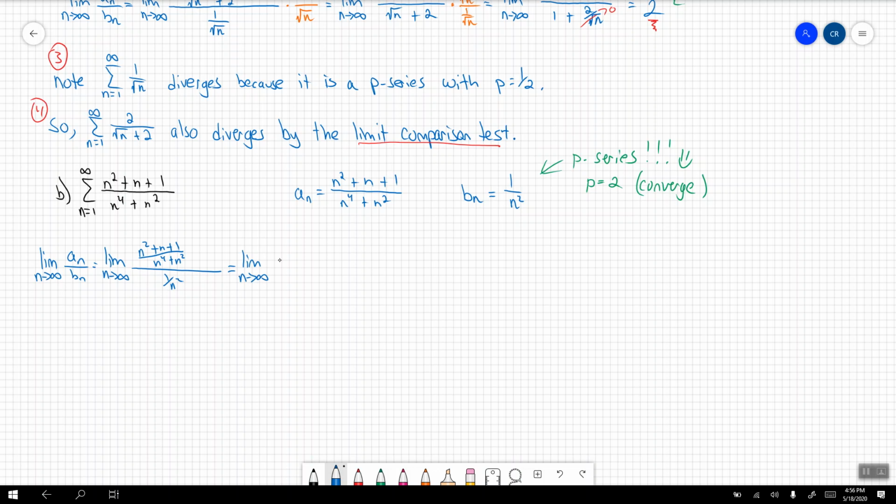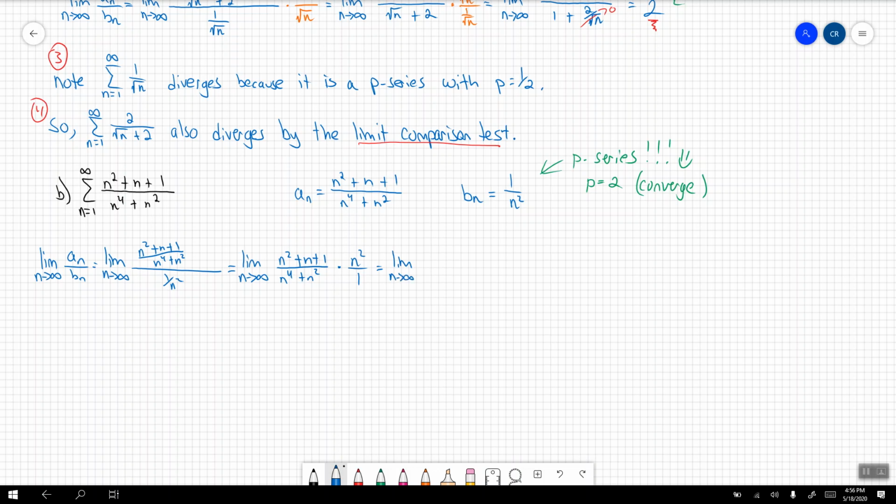All right, and this is going to be just n squared plus n plus 1 divided by n to the 4th plus n squared, multiplied. So again, if I'm dividing, I multiply by the reciprocal, and that's multiplied by n squared over 1. All right, so not looking too bad.